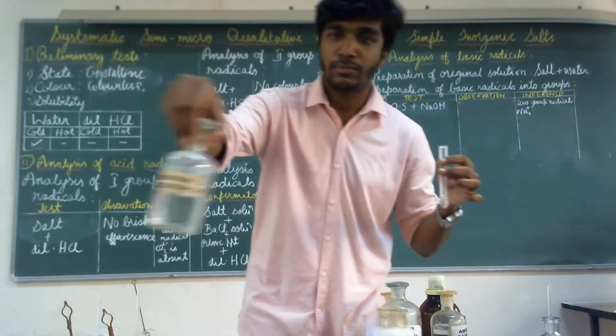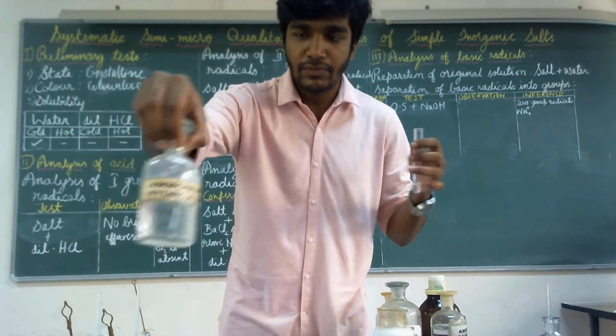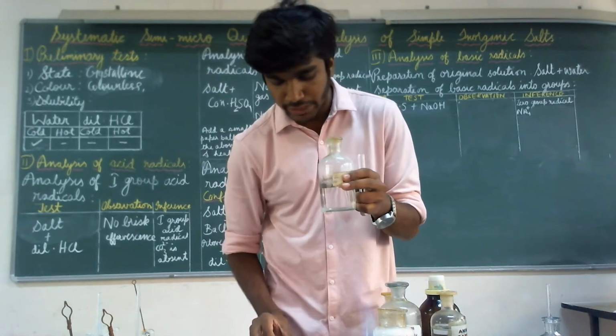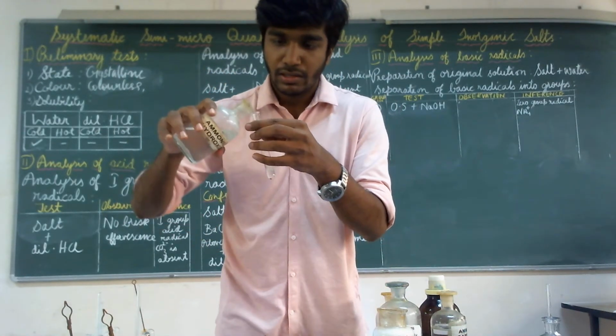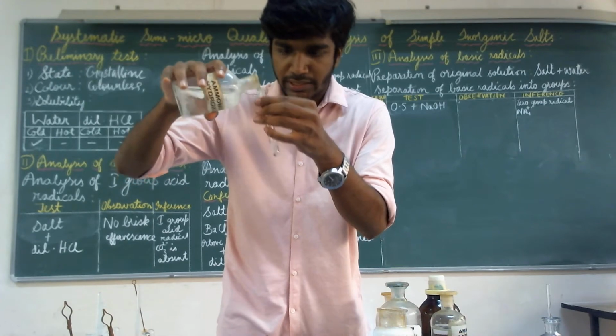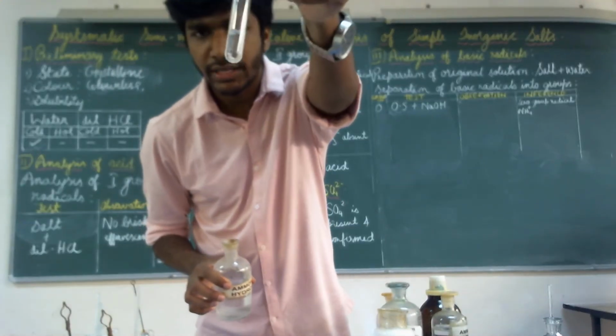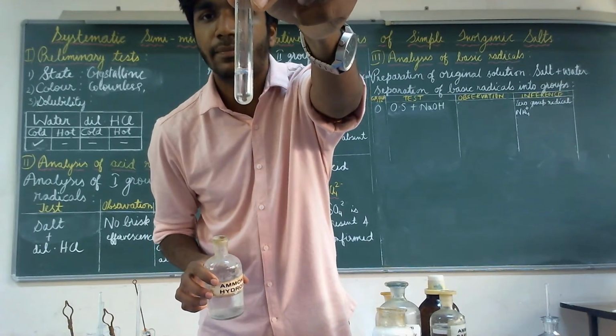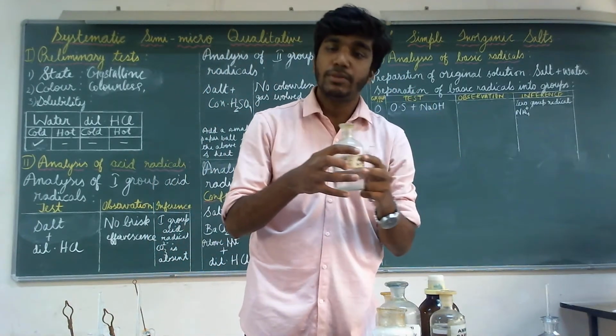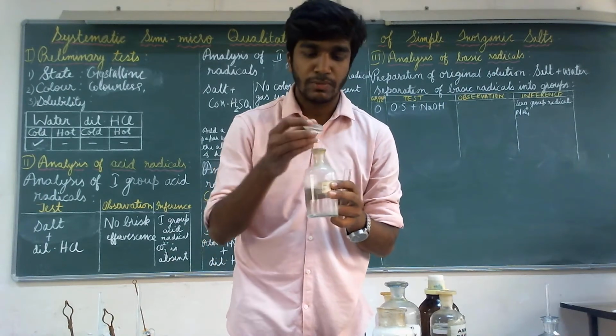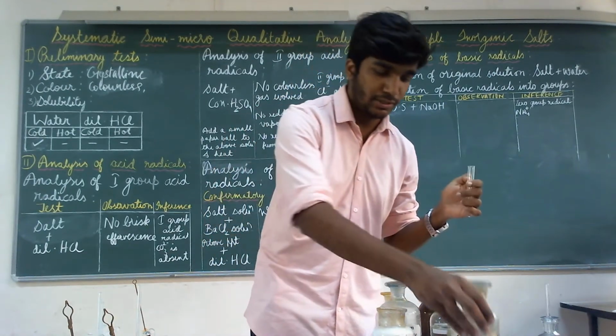Okay, so this is ammonium hydroxide. After adding ammonium hydroxide, if you are getting a gelatinous white precipitate, it indicates aluminium. As you can see, I am not getting any precipitate, which basically indicates aluminium is not present. So third group basic radical, aluminium is absent.